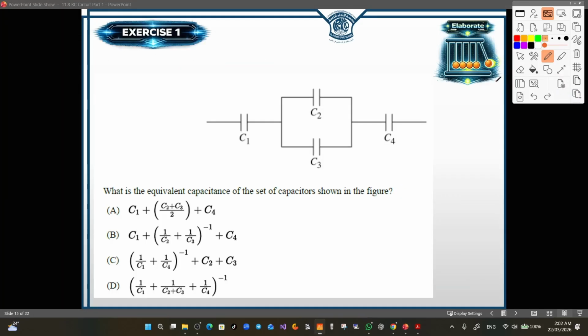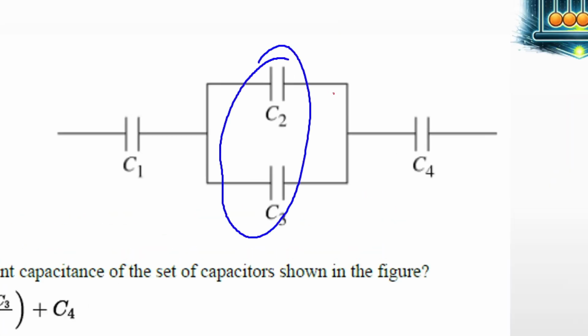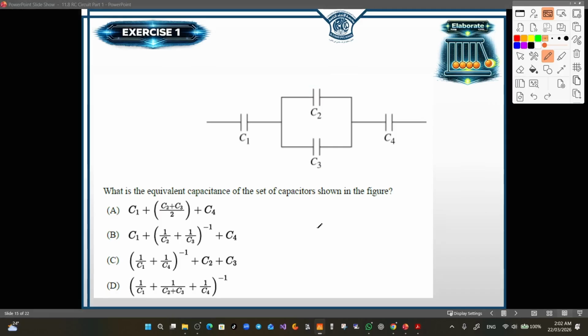Now exercise 1. What is the equivalent capacitance of the set of capacitors shown in the figure? As we can see here, C2 and C3 are connected in parallel. So to find the C equivalent, we just add them in the normal way, and we will get this result. Now we have 3 capacitors in series: C1, C4, and the equivalent of C2 and C3, which is C2 plus C3.